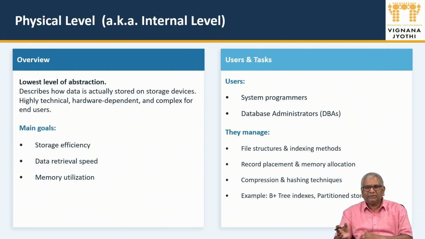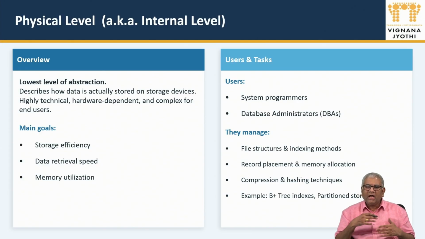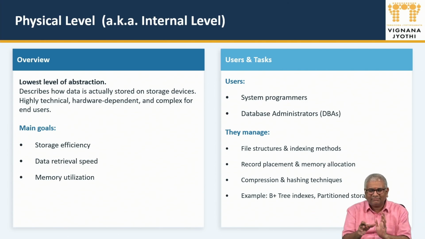The users of this level are, like I said, system programmers and DBAs. They manage file structures, indexing methods, record placements, memory allocations, hashing techniques, hash tables, storing in B plus trees, partition storage, distributed storage, all the nitty-gritty details of the database.